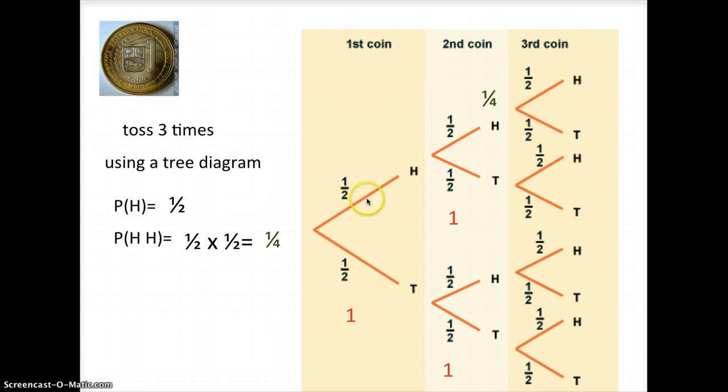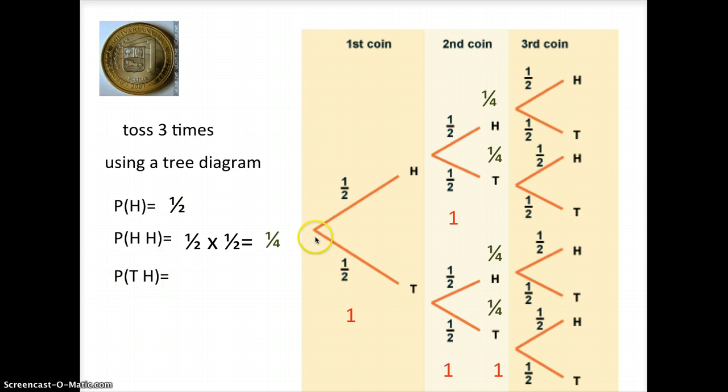The same probability that you'll get if you have head and tail, tail and head, and tail and tail. If you're looking at the second toss, if you add all together the probabilities, you'll get 1. So 1/4 plus 1/4 plus 1/4 plus 1/4, you get 4/4.